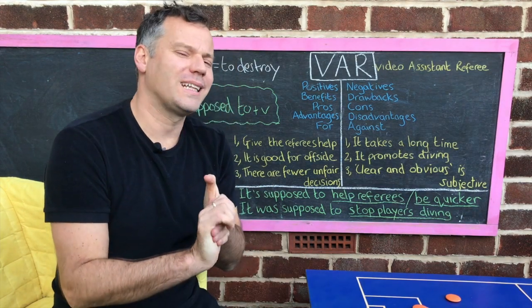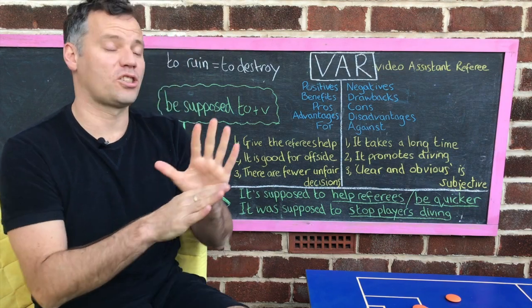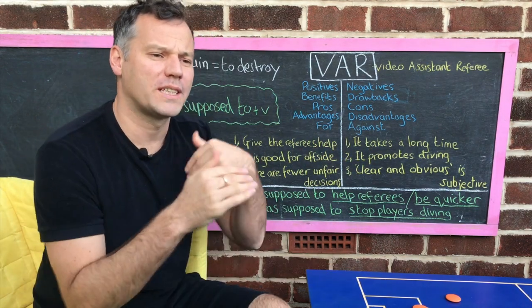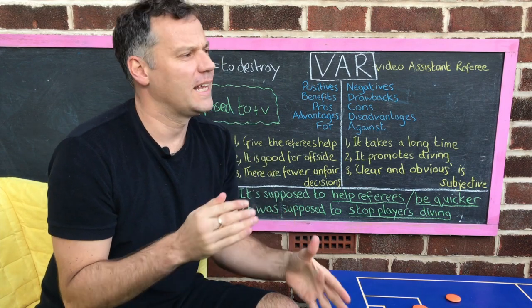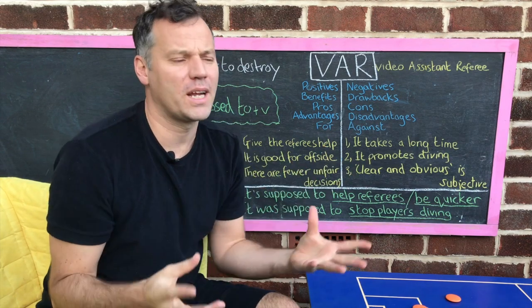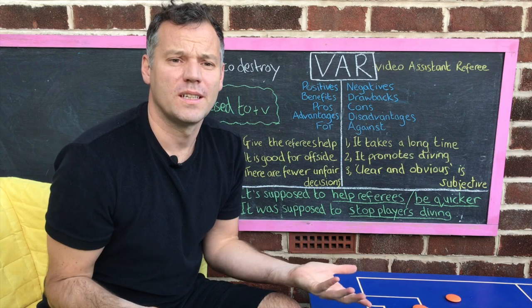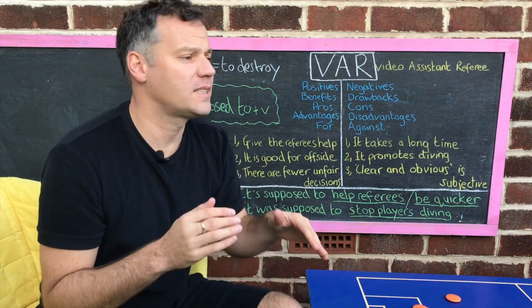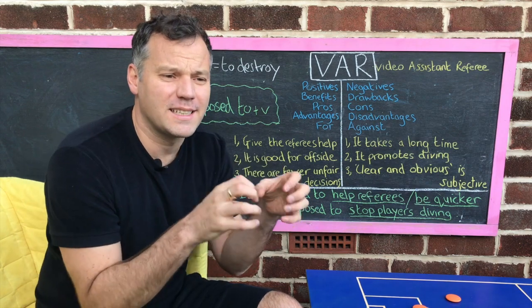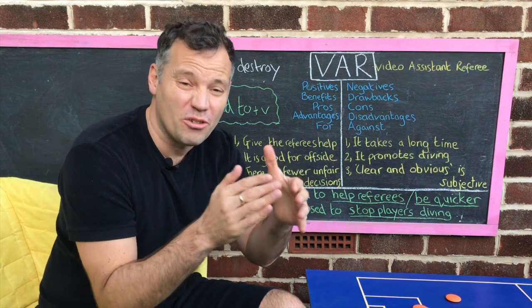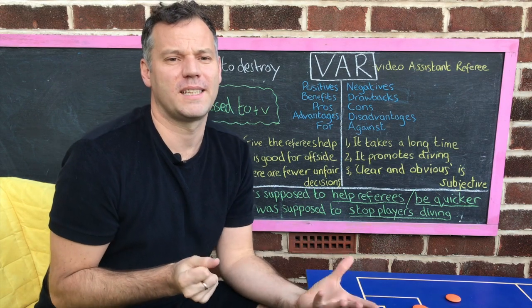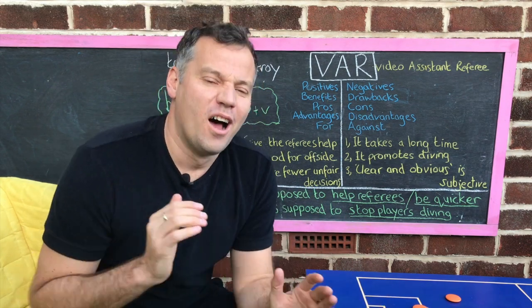So it's still a subjective decision, and slowing it down, watching the replay many times, it can make the experience worse, because it's supposed to be helping the referees. They are supposed to be getting these decisions correct now, but lots of people are disagreeing with these decisions.